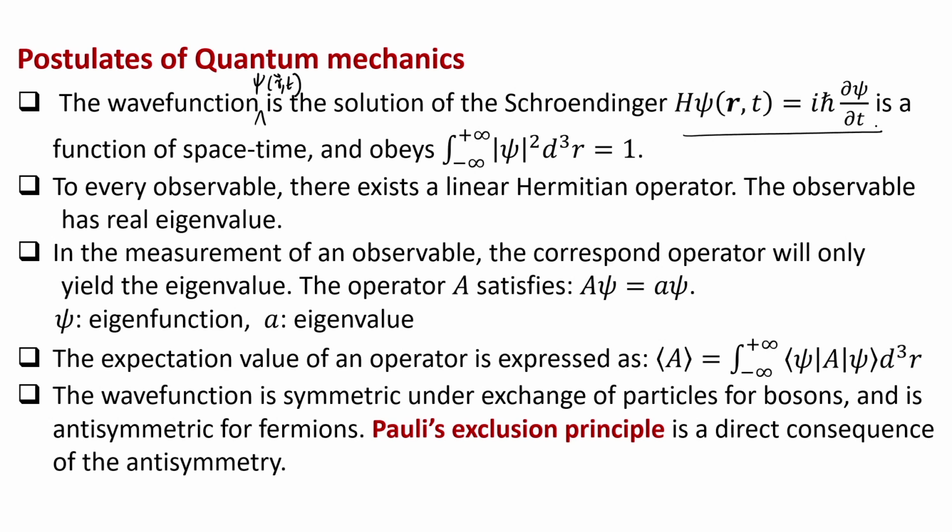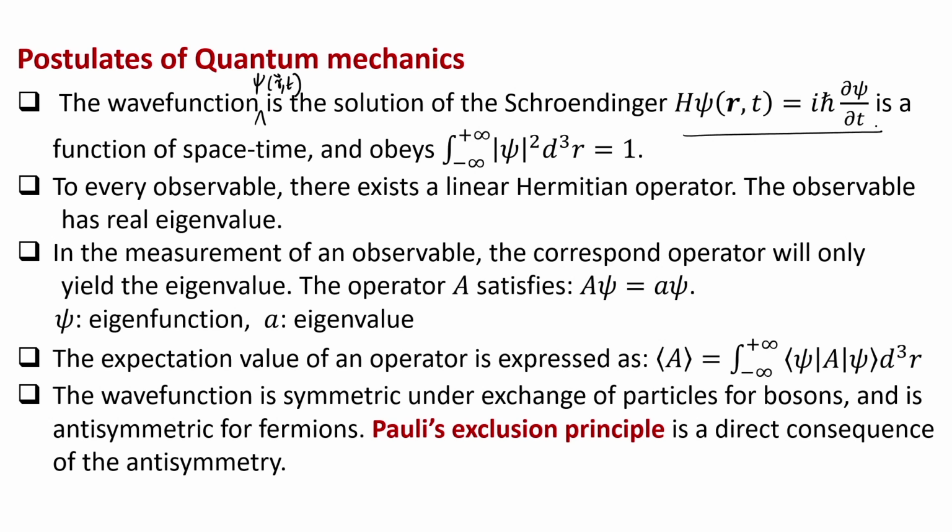From some plausibility arguments, these have been derived. In fact, they are just consistent with the energy quantization and the de Broglie relation. The de Broglie relation is p equal to h over lambda, and E equal to h nu is the energy quantization that was used by Planck, and later employed in the study of the photoelectric effect by Einstein.